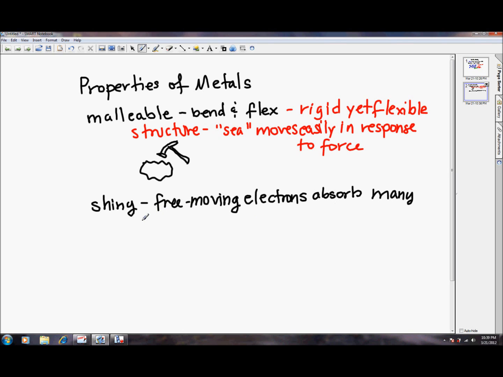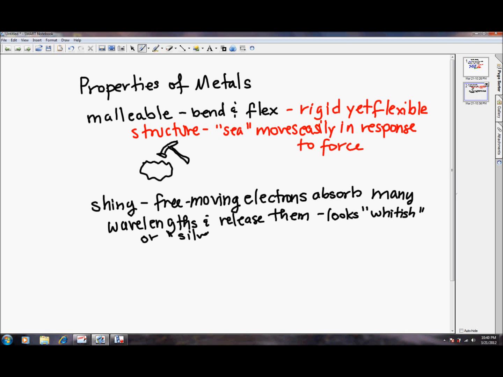In this case it would be shiny. So when we look at metals, most of them tend to have a whitish or even silvery color. There's a few exceptions like copper. Copper's electron configuration actually ends up giving it its particular color.